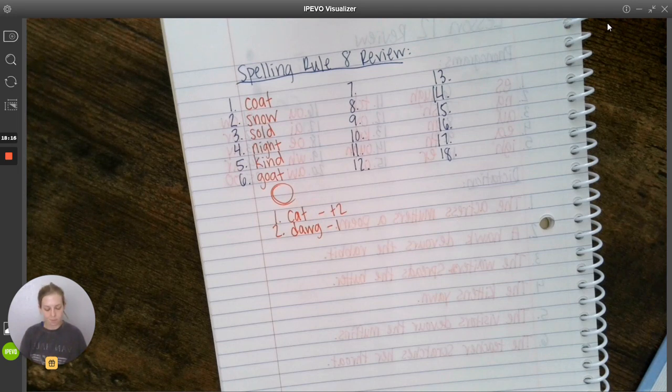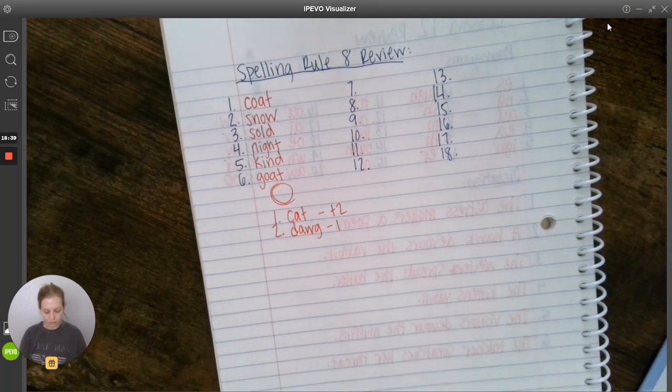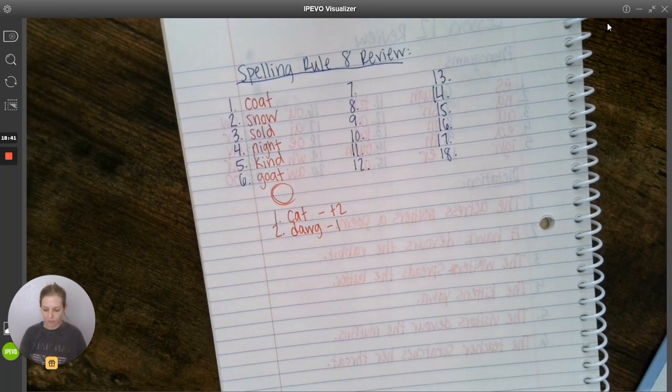Number 10, blind. Blind. Without my glasses, I am almost blind. Number 11, coach.